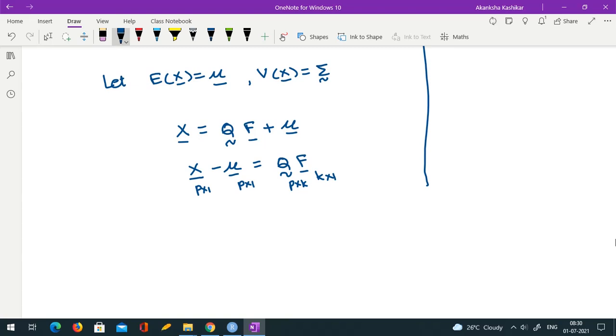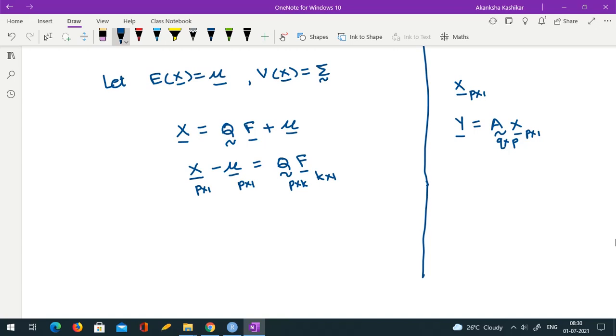Now is it possible? Can I actually express a p cross 1 vector as some transformation of a k cross 1 vector? Now your linear algebra theory comes into the picture here, and we also did it at the beginning of our course. Suppose x is a p cross 1 vector, and now I define a new vector y as Ax, where A is q cross p.